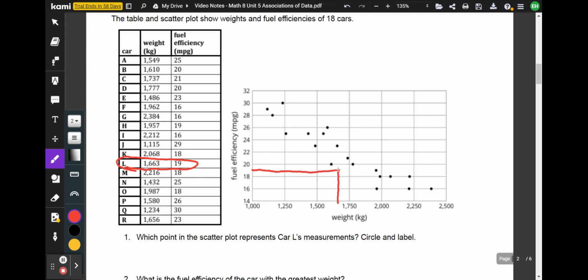And then that one's right here. So let's circle that point. All right, so that's going to be L. So we can say on the graph.